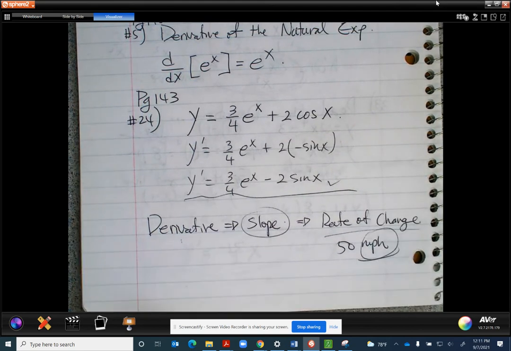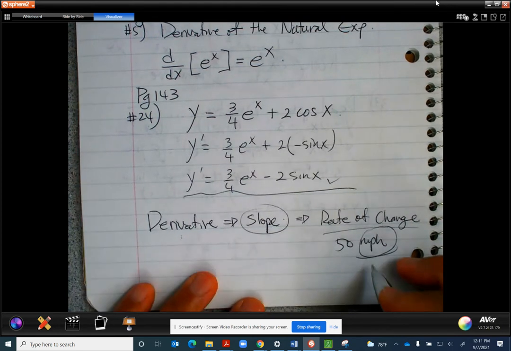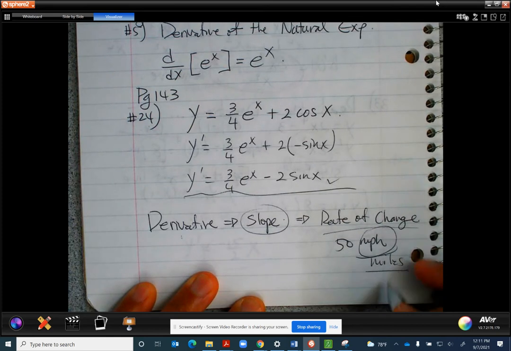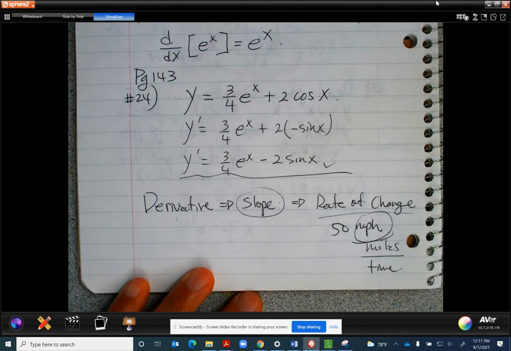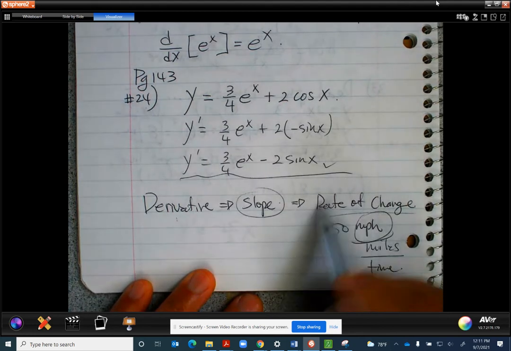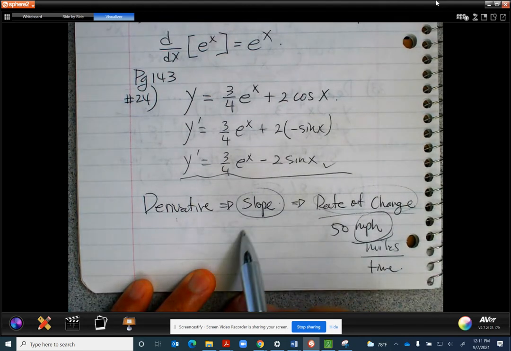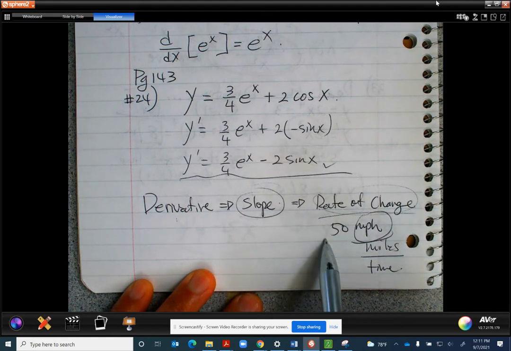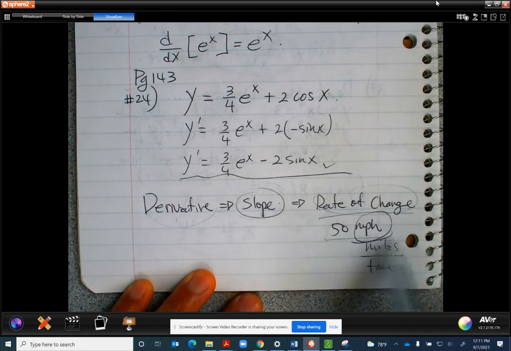That's a rate of change. You understand that, guys? 50 miles per hour is a rate of change. Like miles over time, hour. Does that make sense? So rate of change is slope. Slope is rate of change. So derivative is same thing as rate of change.